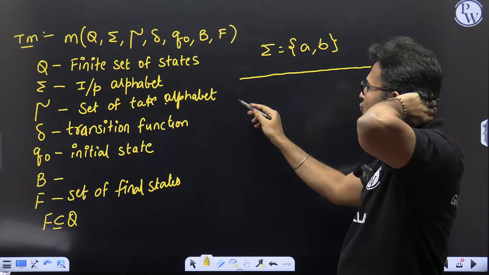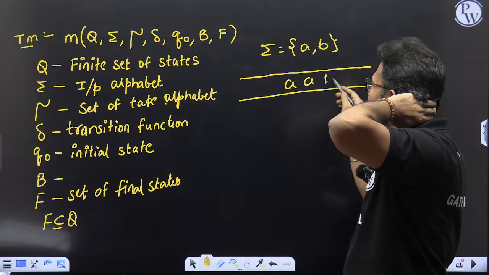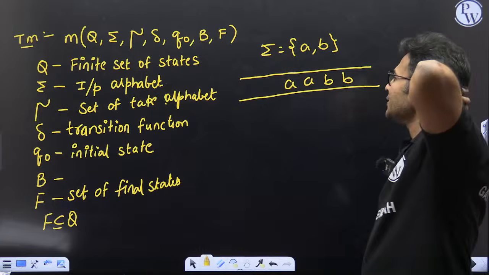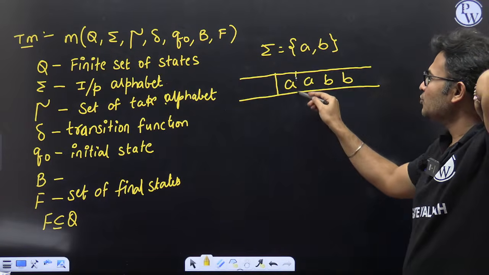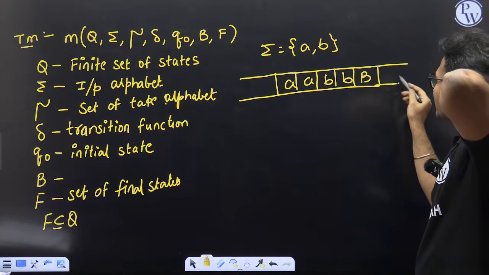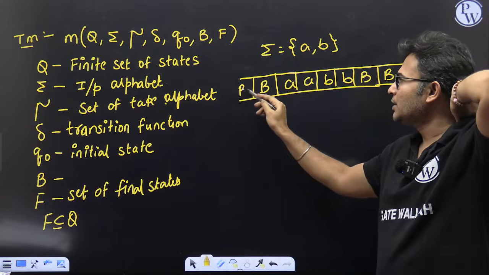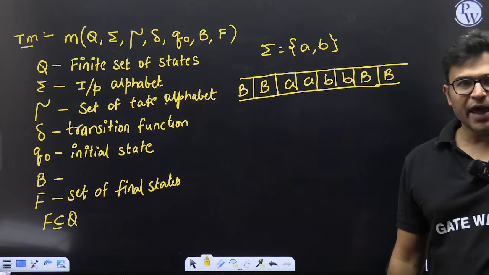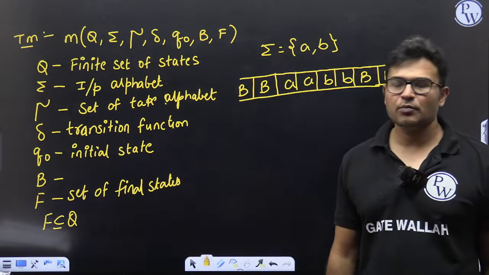When you start the Turing machine, you are going to have only a's and b's on the tape. To the left of the input and to the right of the input, there will be an infinite number of blanks.